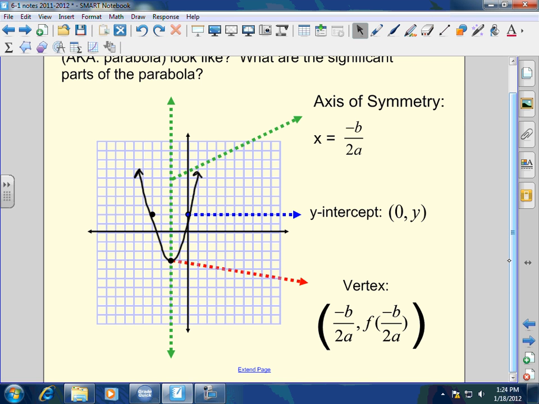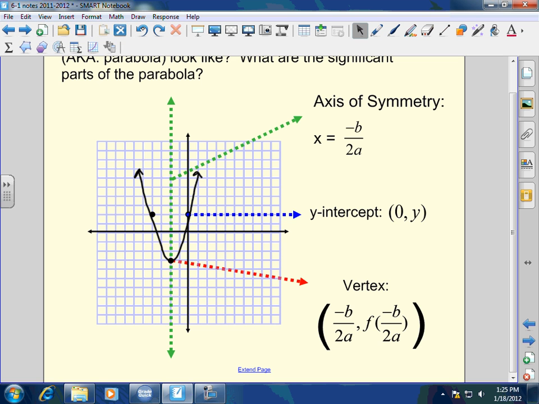You cannot find anything by counting up and down on the graph. No, no, no, no. I'm not going to say it again. You must memorize the formulas, or you will not succeed.